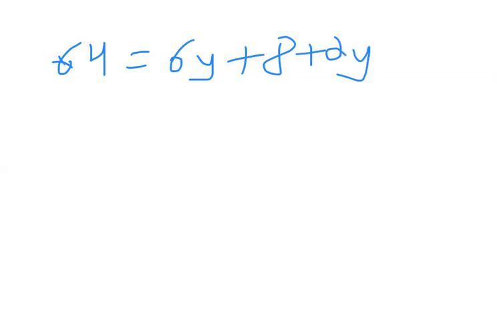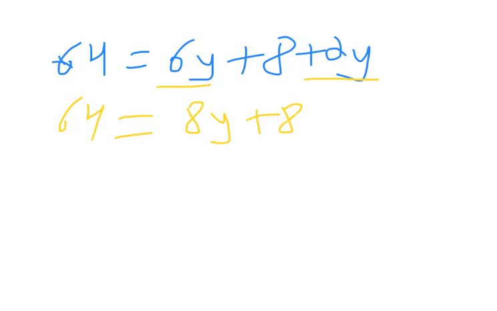Let's do 64 equals 6y plus 8 plus 2y. Okay, first thing, there are these terms that have both y's and numbers, constants and variables, same variable, which is key. So you can combine like terms. You get 64 equals 6 plus 2 is 8, so 8y plus 8.